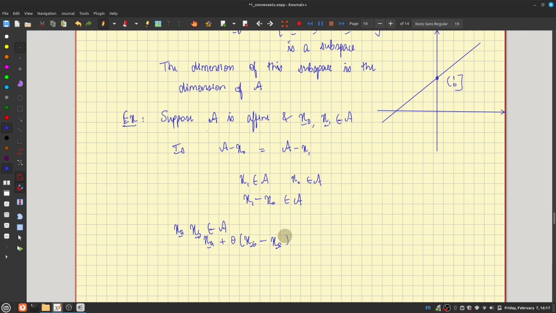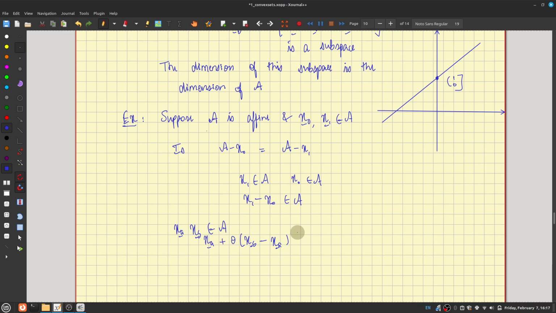Then you can write x naught in terms of that. But it doesn't mean that x naught can be written in this form for any xa and xb, right?